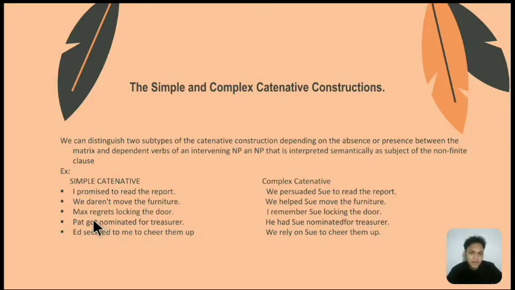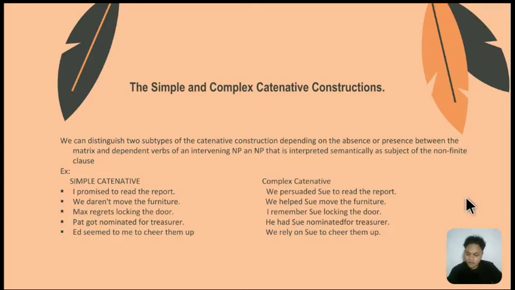So in simple catenative construction the subject of locking the door is Max, while in complex catenative construction, the intervening NP takes the position of I as the subject of locking the door. So the subject of locking the door is not I but Sue. So Sue in here is the intervening noun phrase.